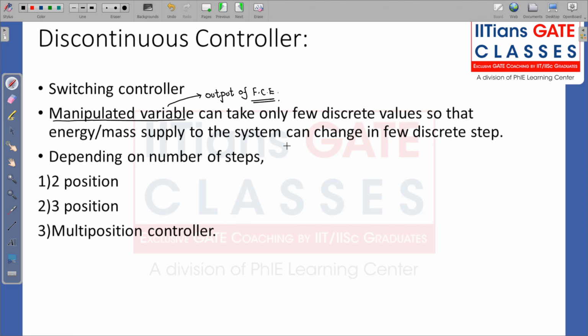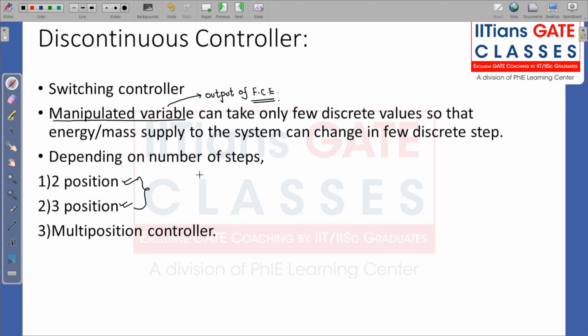Depending on the number of steps, if the number of steps are 2, we call it a 2 position controller. If the number of steps are 3, we call it a 3 position controller.